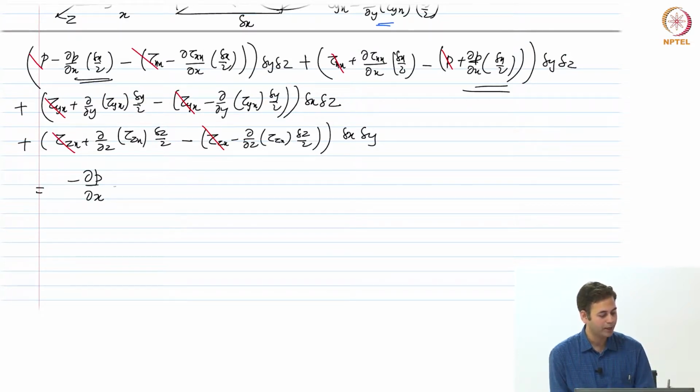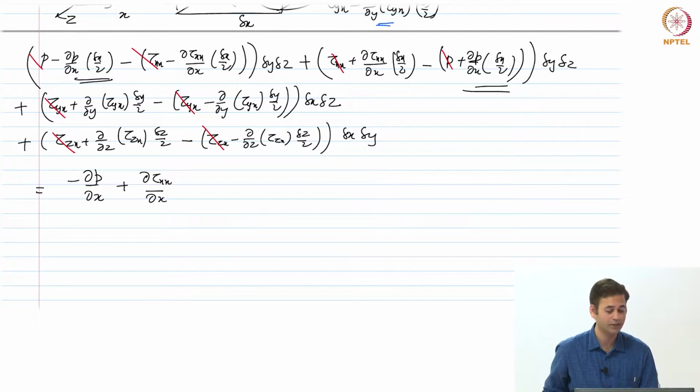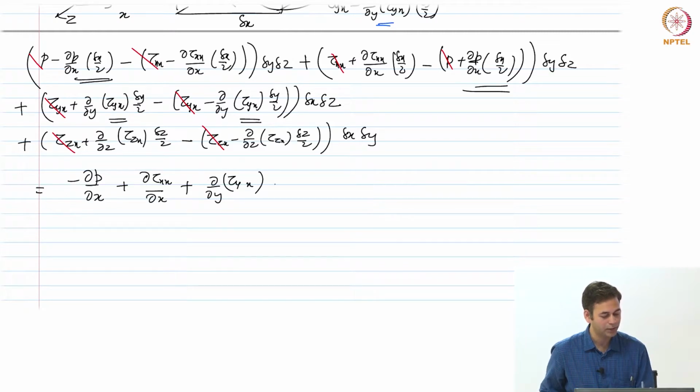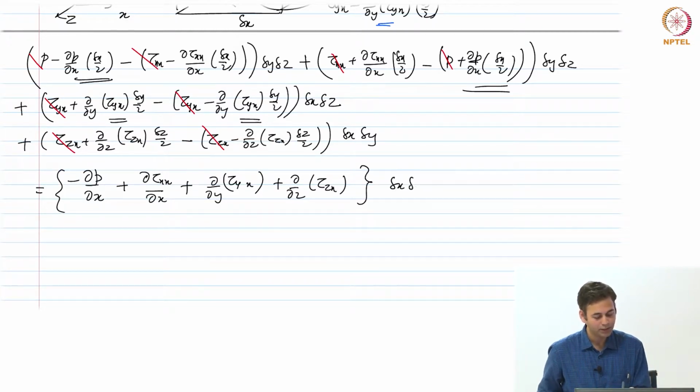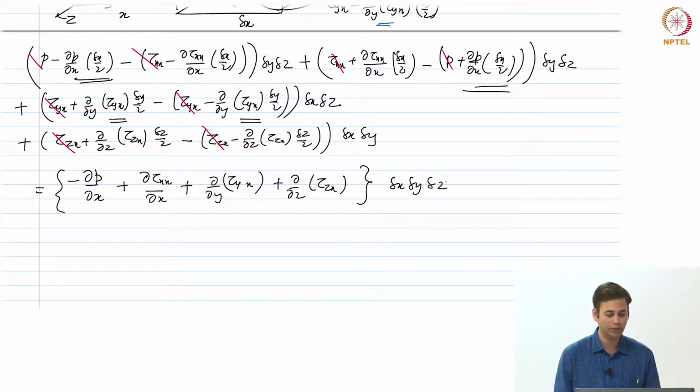Then we have plus, this is a plus here, minus and minus, this is again partial tau xx by partial x, again multiplied by delta x delta y delta z, and then we have plus another half here and a half here, that would be partial y tau yx, plus we have partial z tau zx. All these quantities are multiplied with delta x delta y delta z, that is what we have. Is that correct? Do you all see that? Alright.